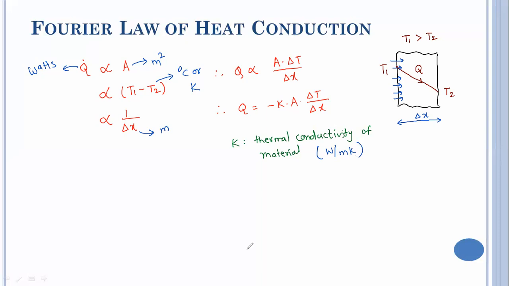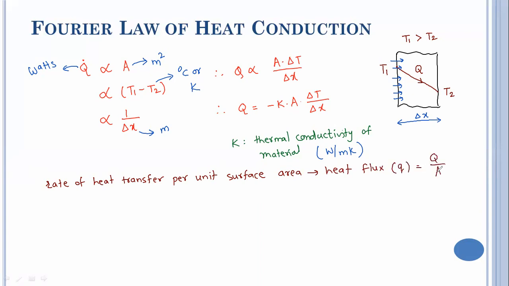So let's say if someone asks you what will be the rate of heat transfer per unit surface area, basically it is called heat flux, which is denoted by Q and which is nothing but Q by A. Rate of heat transfer per unit area.